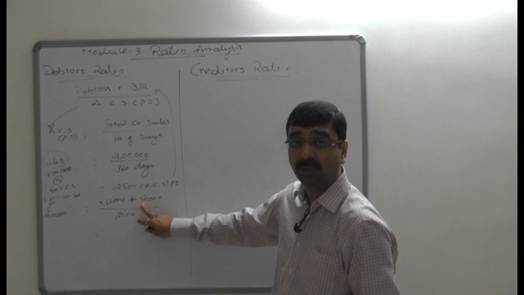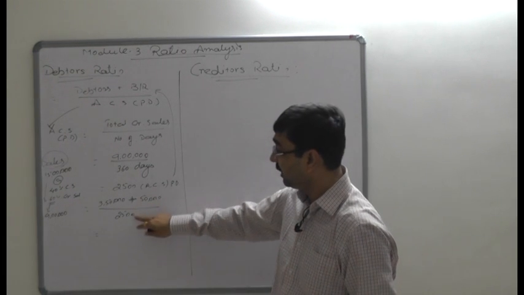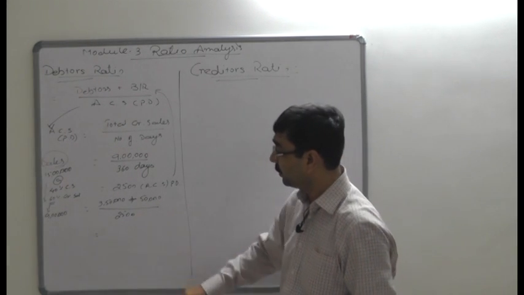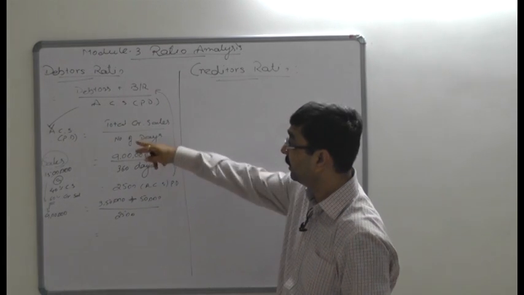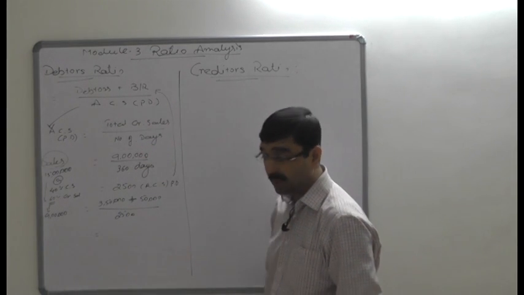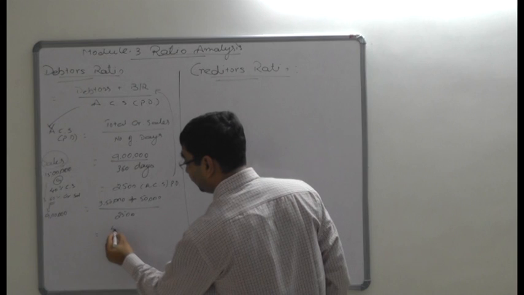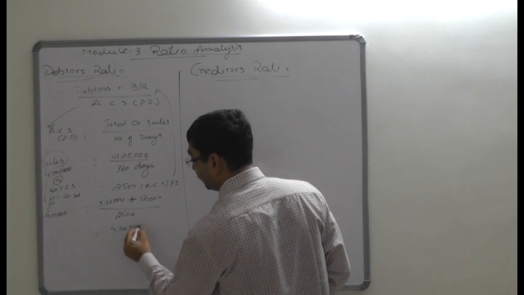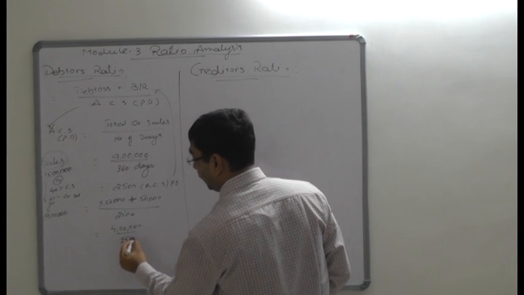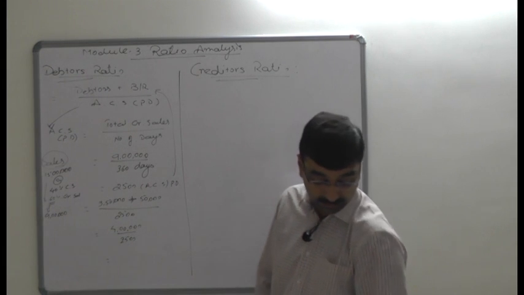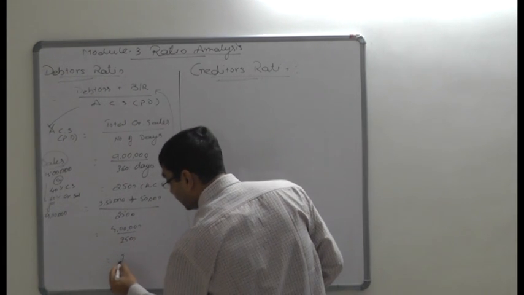These values you take from the balance sheet, and 2,500 is the average credit sales which you have already found. Now the division of this gives your final answer. The final answer is 160 days.